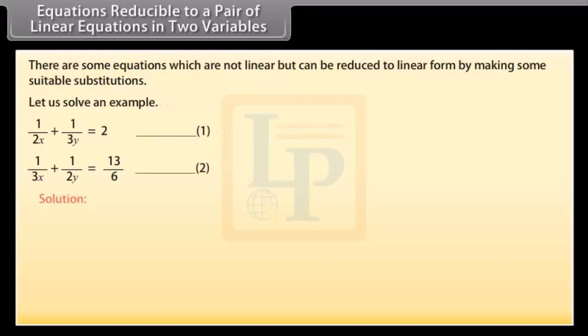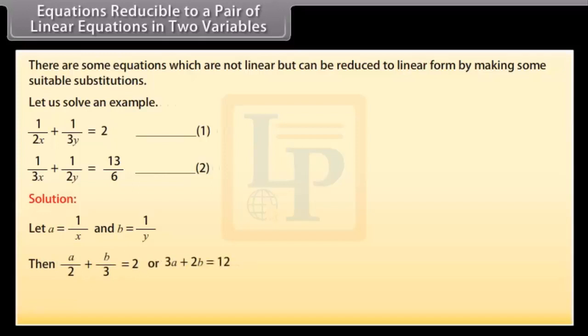Equation 2. Solution. Let a equals 1 upon x and b equals 1 upon y. Then a upon 2 plus b upon 3 equals 2, or 3a plus 2b is equal to 12, equation 3. And a upon 3 plus b upon 2 equals 13 upon 6, or 2a plus 3b is equal to 13, equation 4.